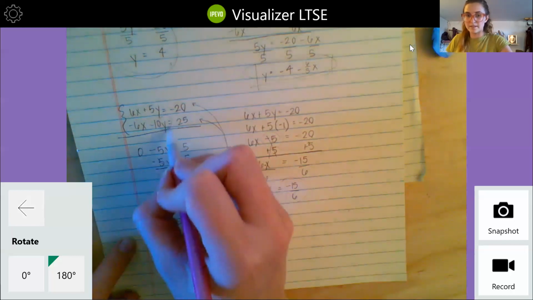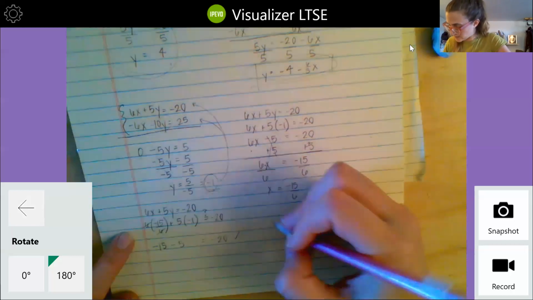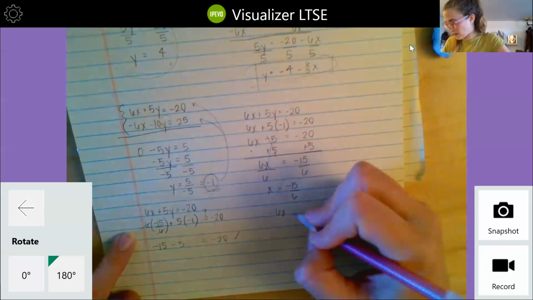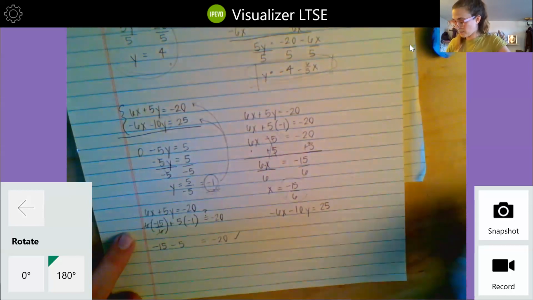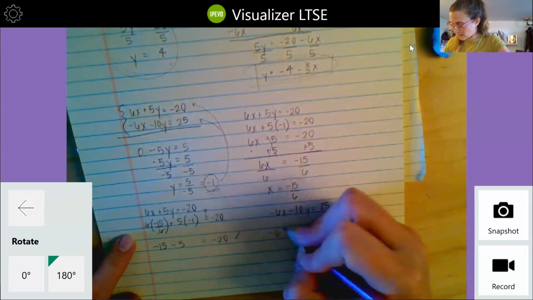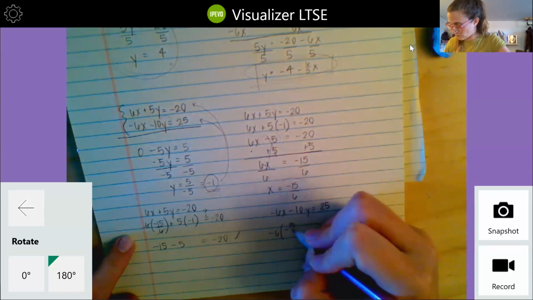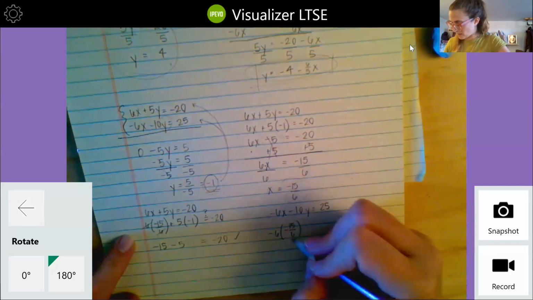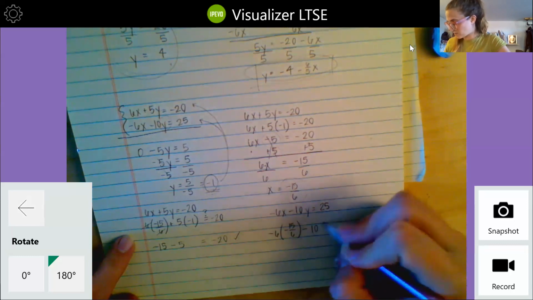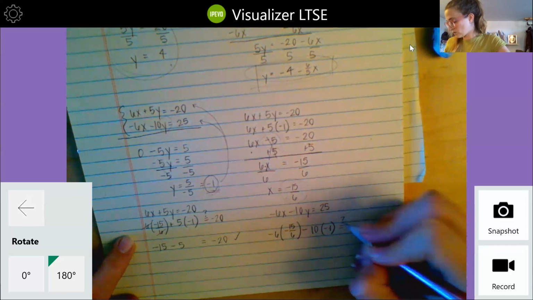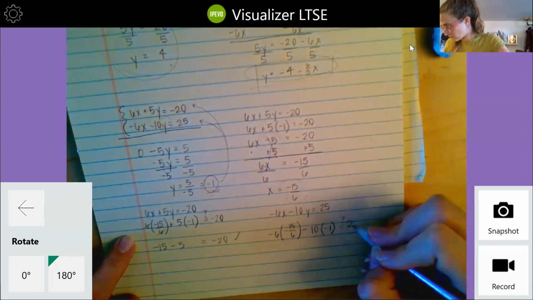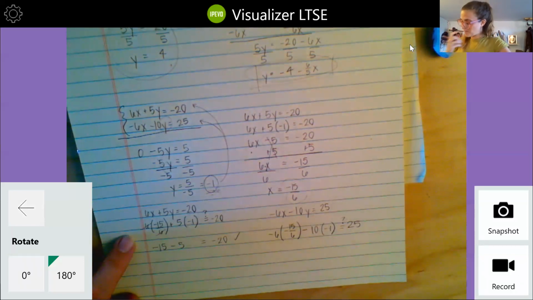And then let's plug it into that second equation. So I have -6x minus 10y equals 25. -6 times -15 over 6 is my x value, minus 10 times -1 is my y value. Is that equal to just positive 25?